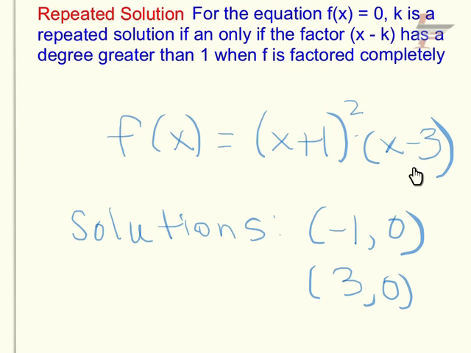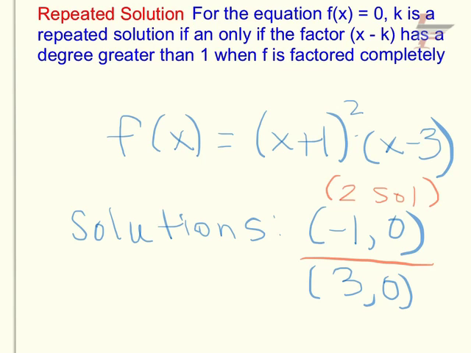Because this is squared and this is times another x. So x squared times x should be x cubed, which means I have 3 solutions. So this counts as 2 solutions, and that's what a repeated solution is. So this counts as 2 solutions. Just a little sidebar there. So I really do have 1, 2, 3 solutions.